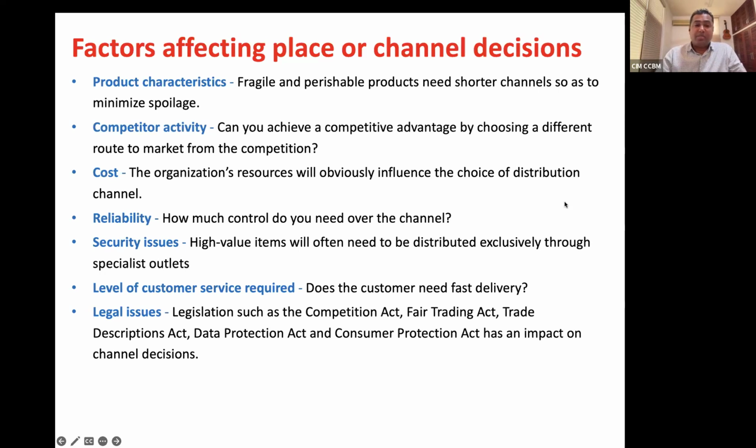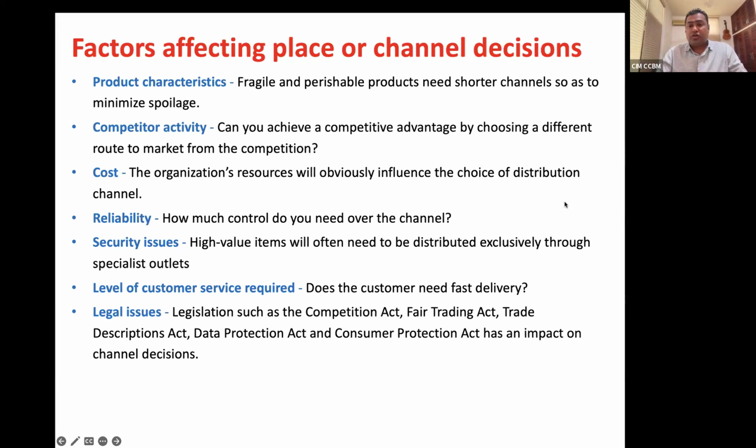You have to look at competitor activity. How are your competitors distributing their product? Sometimes, if you're Nike, you can only have your stores. But if your competitors are using wholesalers, dealers, distributors, agents, then if you don't use them, you are going to lose a lot of market share, right?